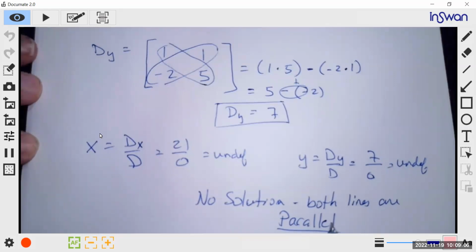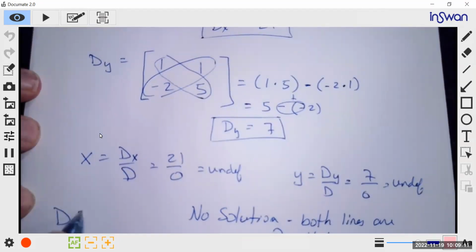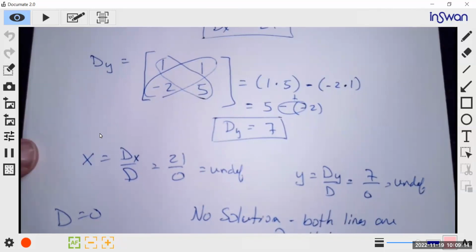All right, so whenever your denominator, remember your D, equals 0, your lines will be parallel.